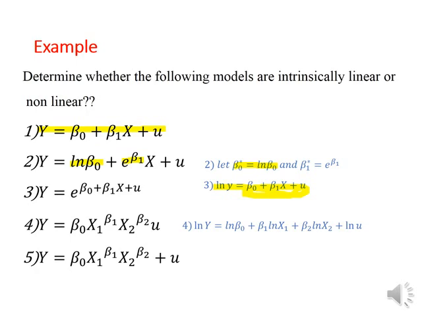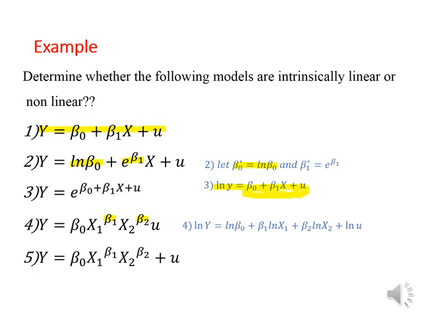For example number 4, we have y equals beta naught x1 to the power beta 1, x2 to the power beta 2, times u. Again, it's very nonlinear, because beta 1 and beta 2 are not linear. But this model can be transformed to linear as well.